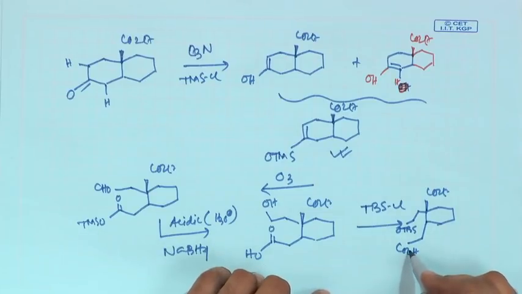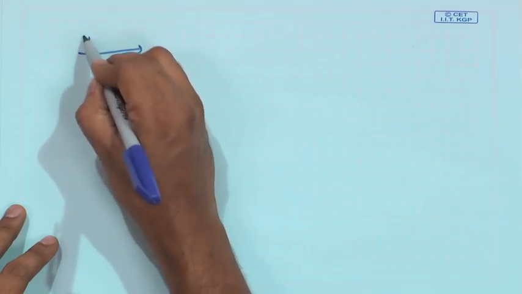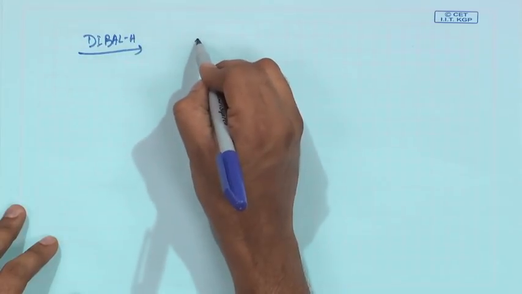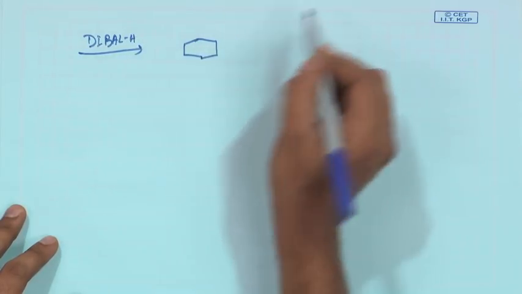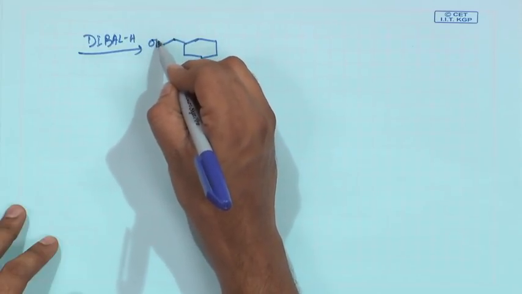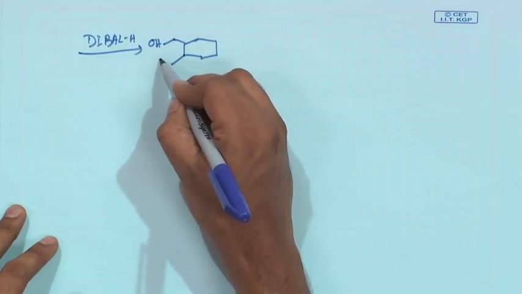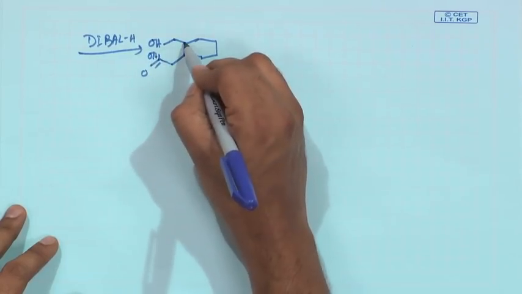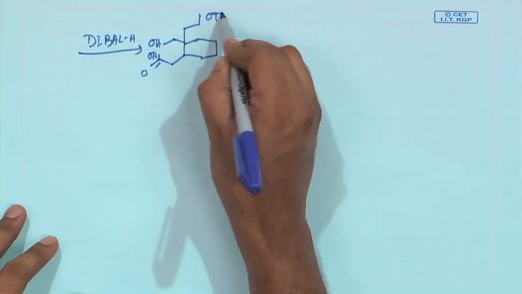Now, you need to do a ring formation reaction to make this lactone. To make this lactone, you now react with a diol. The diol basically reduces the corresponding ester to its alcohol. And then this is basically your protected compound.